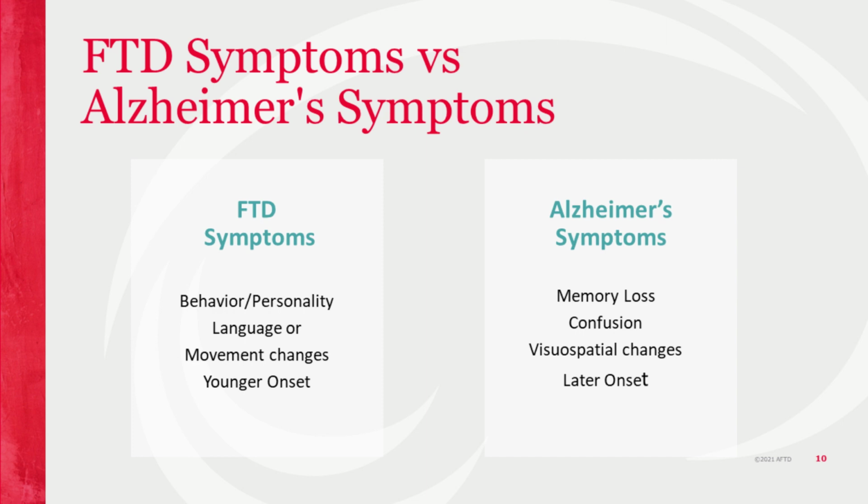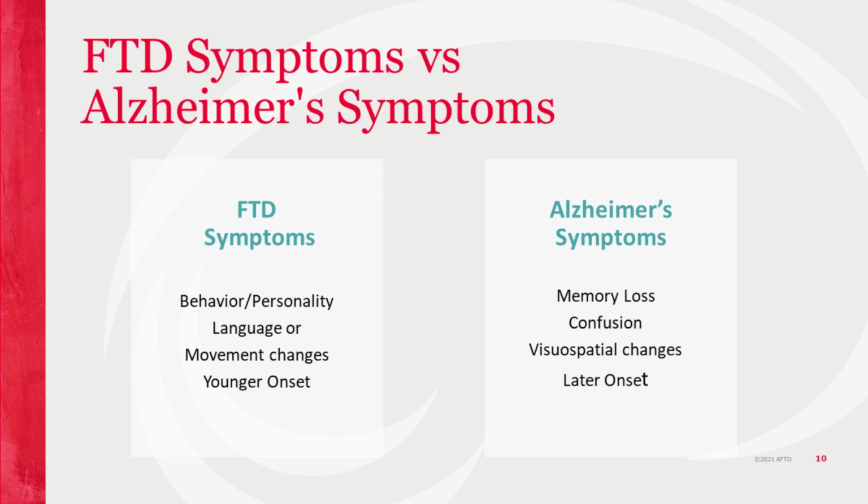Additionally, there's certainly confusion with person, place, or time, challenges with visual spatial perception or interpretation, and the onset is generally 65 and older, with the risk increasing with age. Certainly, you all know that there are people younger than 65, called younger onset Alzheimer's, but it's less common in terms of the whole trajectory of the disease.